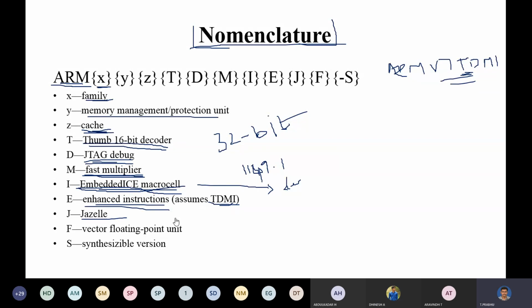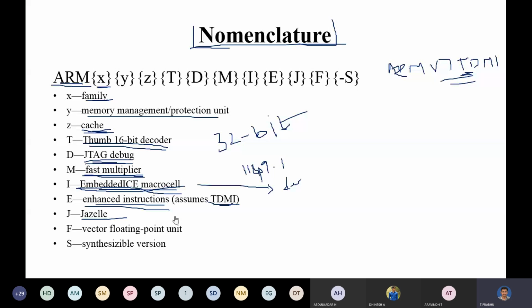Okay, so the Jazelle state represents 8-bit processing. And also F represents floating point, and S is for synthesizable.